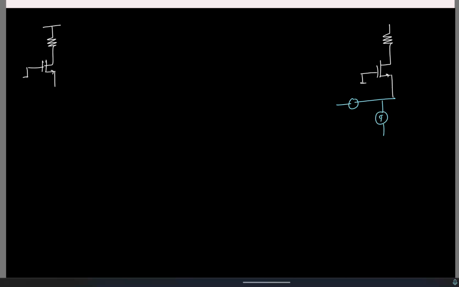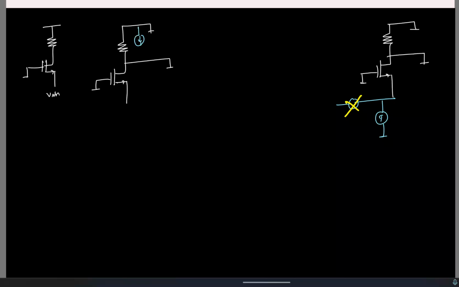What should I do to the input to find the noise current contribution? I'll open it, so I'll leave it as such. So this is not contributing. This is Vn, which is incrementally short. I'll open the input and find the short circuit current.